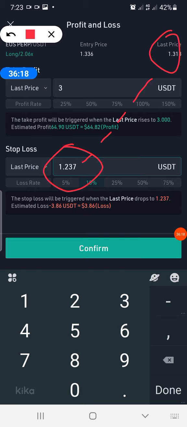Then $100 minus $15, you still have $85 remaining. So instead of your account blowing off, you rather manage the 85%, exit the market, look for a better position, or when the market stabilizes, or another coin that you think is profitable, you look for another position and enter. So that's all we have to do.